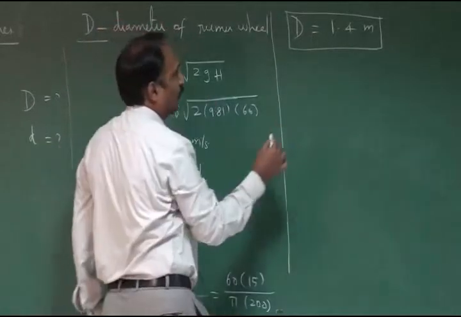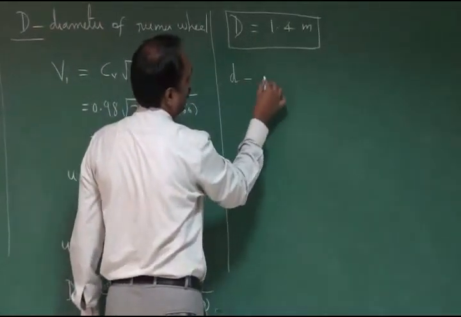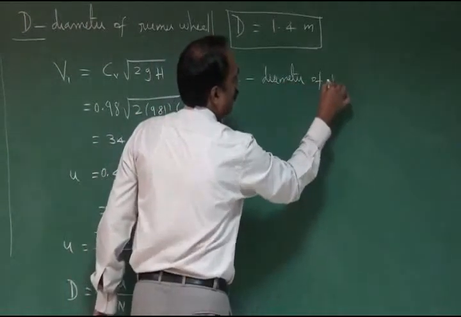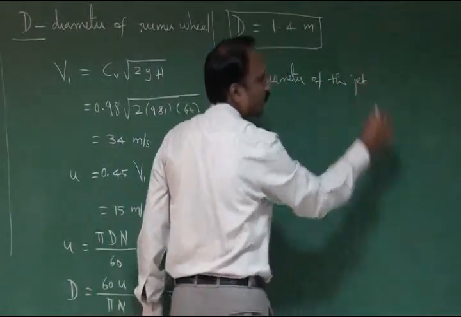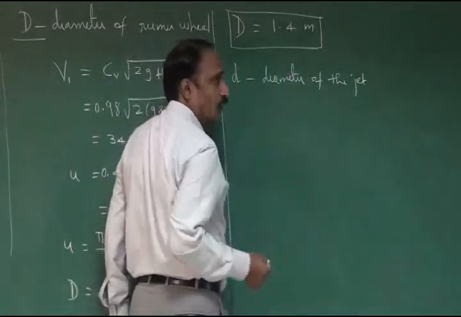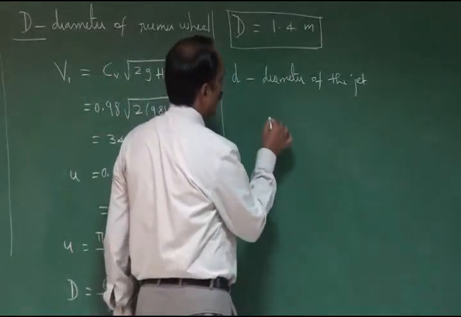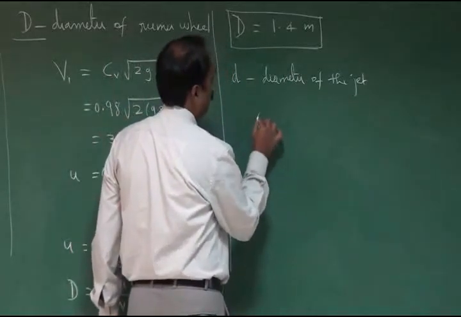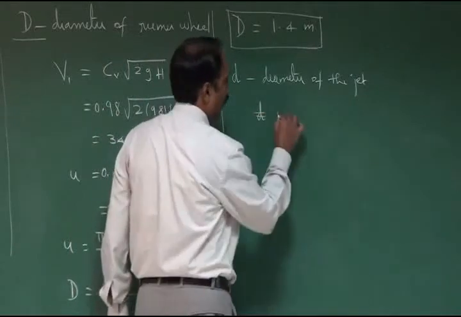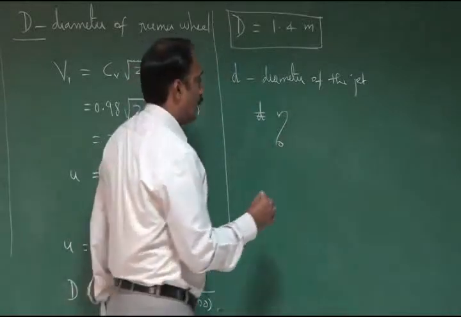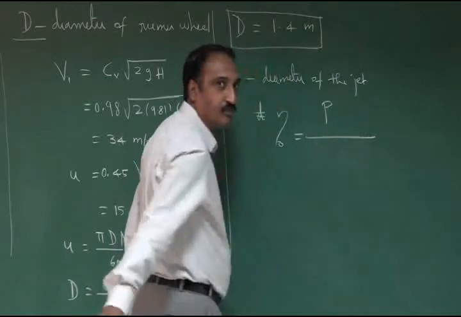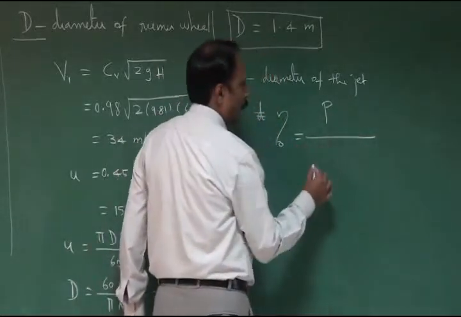Similarly, the diameter of the water jet, with respect to the nozzle outlet. So by relating the overall efficiency, eta naught is equal to output power P divided by input power.